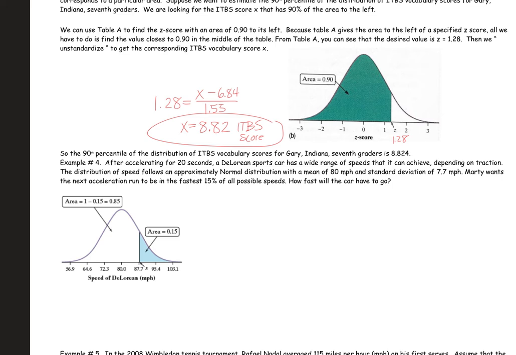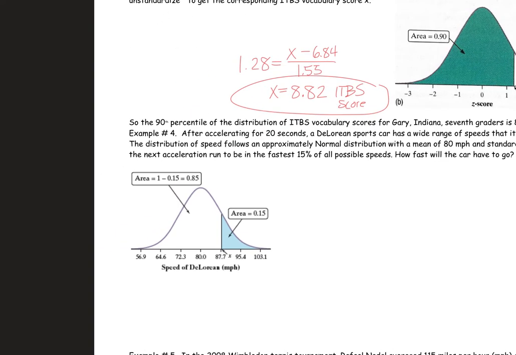Right, so considering he wants the fastest 15%, we are on the right-hand side here. That's not going to make a huge difference because we're not finding a probability this time. We're given the probability, the fastest 15. But it is important to note that because a lot of students will get confused when we say 15%, they might accidentally find this 15% down here. That is the slowest 15% of speeds.